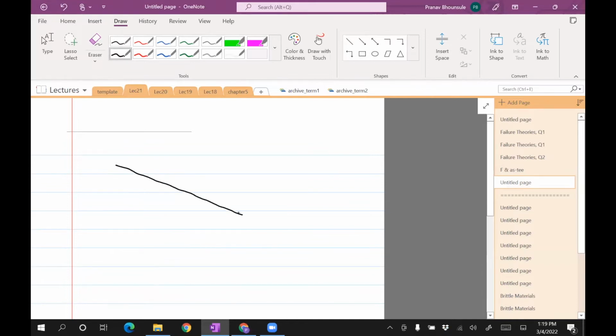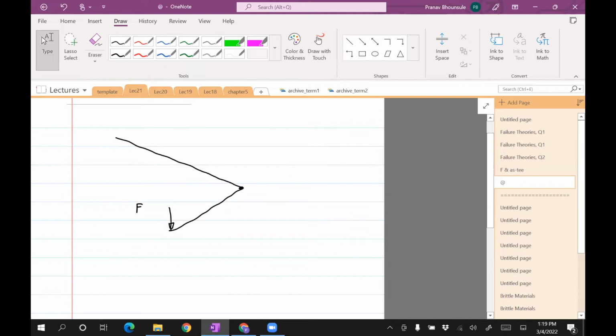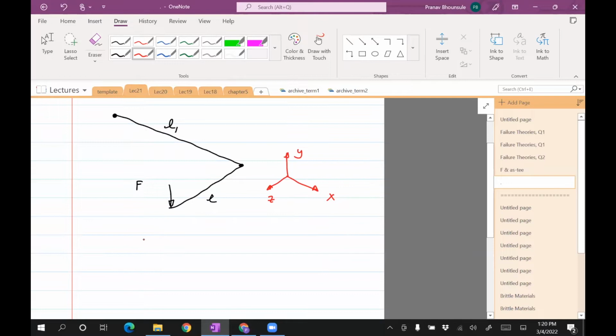Let's do it. So you have this force, and we'll call this length L1. Let me put the axes. I believe this is X, this is Y, this is Z. In this case, we are taking moments in a different way.